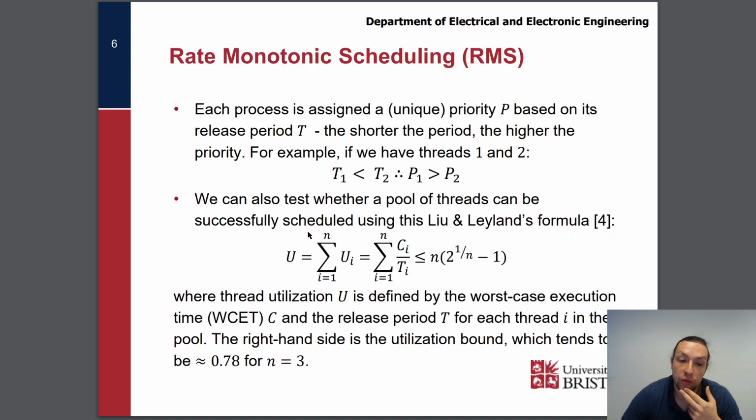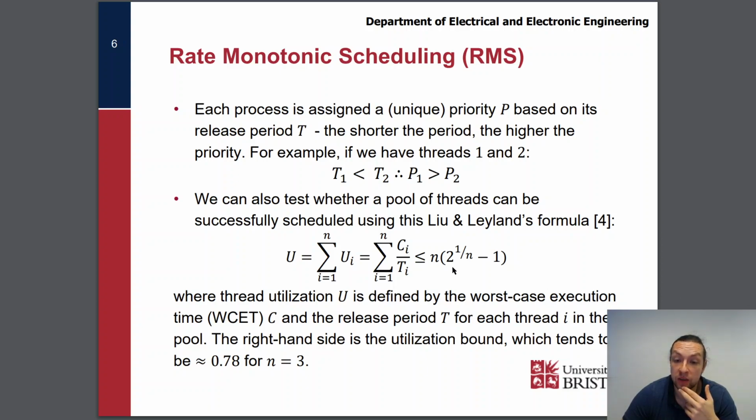We can also test whether a pool of threads can be successfully scheduled using this formula. It's not the only one. There's a few others. There is some more complicated math behind this. But what this formula basically means is that it looks at thread utilization, given by U, and the utilization for each thread in the pool. So say we have a pool of n, and we have 1 to n threads, right?